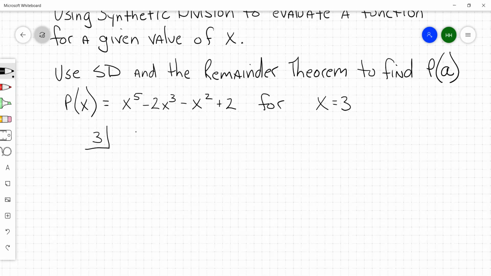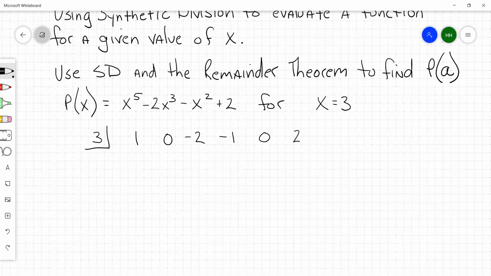All right, we got a 1. But look, we're missing the 4th power, right? We're missing something to the 4th, so we got to use 0 as a filler. Then the -2. Then a -1. There's no x to the 1st, so another filler.